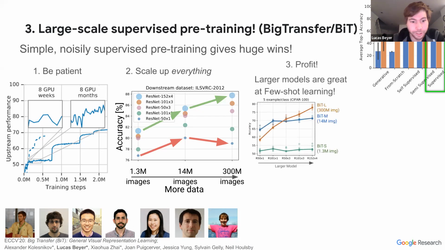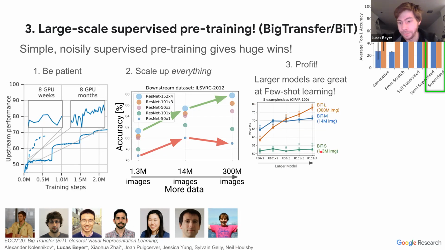And these benefits are not just state-of-the-art accuracy on all the benchmarks, as it was back then, but also more interesting properties, like being much better at few shot learning, the little game that we played early on. Here, again, the x-axis is model size, and the 3 different curves are the 3 different dataset sizes. And the y-axis is few shot with 5 examples per class, so exactly the game that we played before.